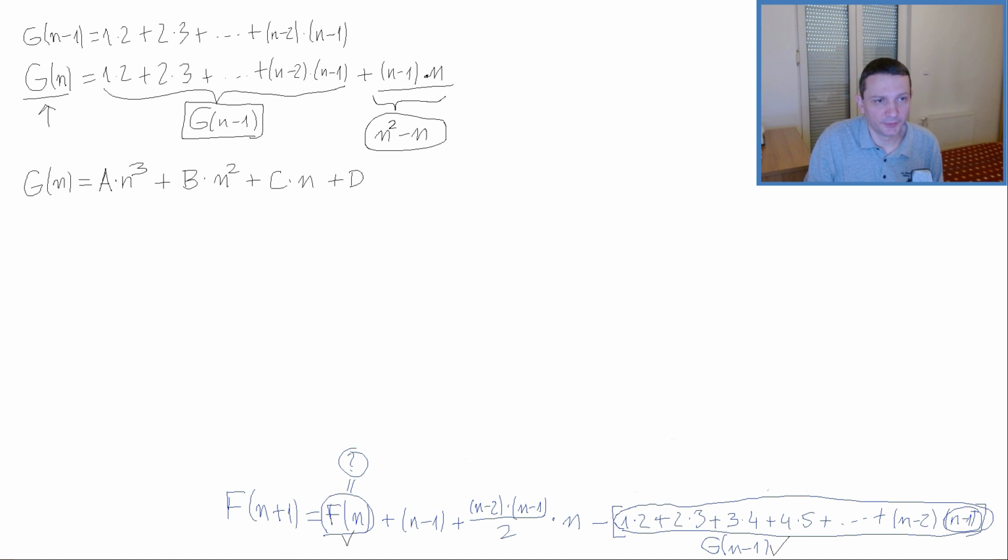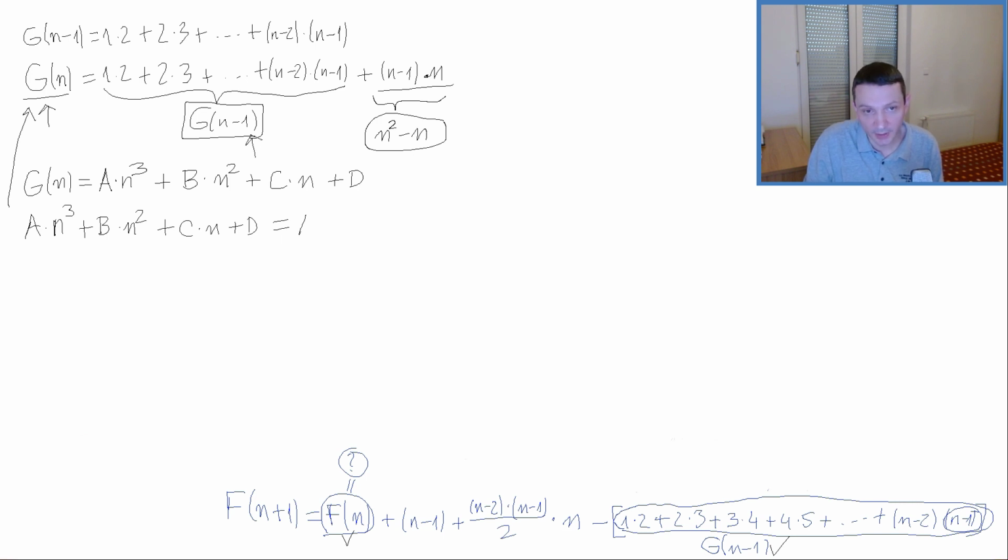So what we'll have here, the left-hand side, g of n, is actually a times n cubed plus b times n squared plus c times n plus d. And on the right-hand side we have again g, but of n minus 1.